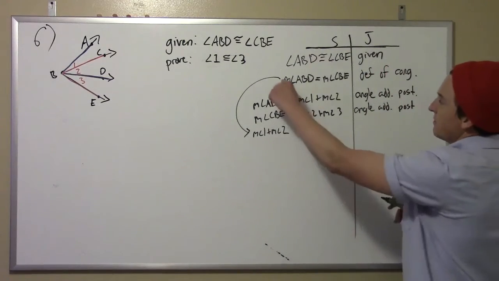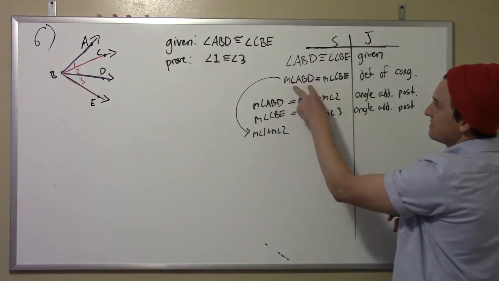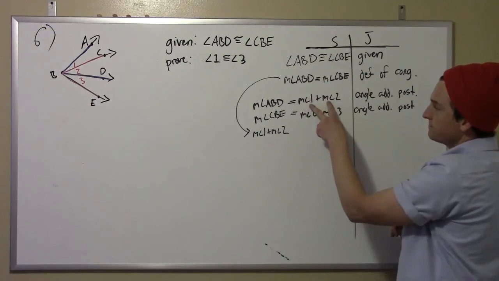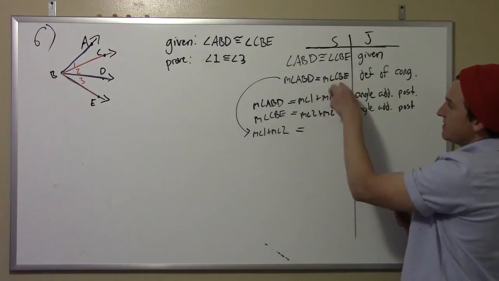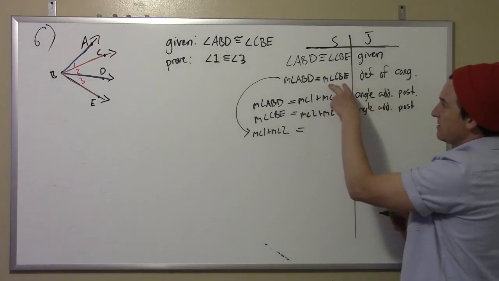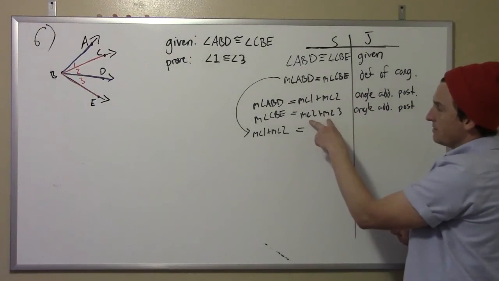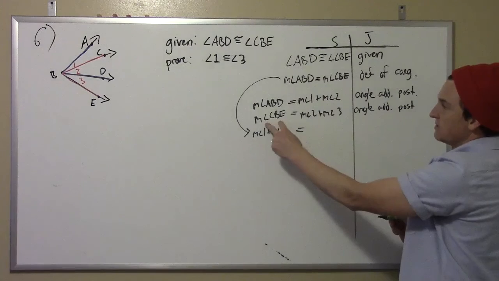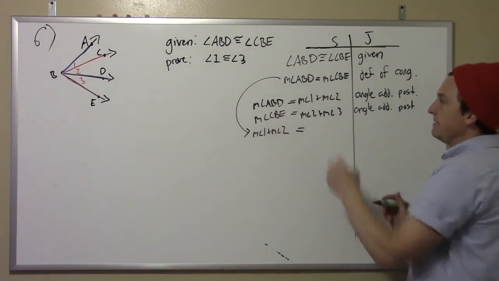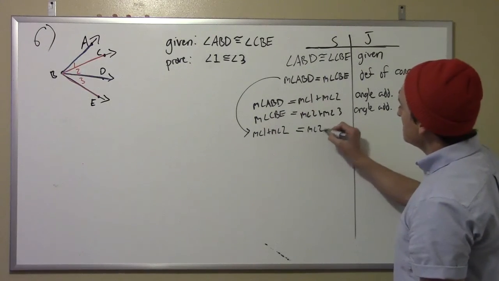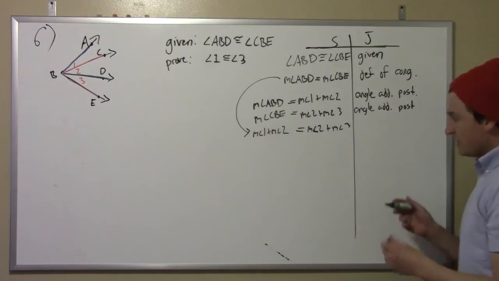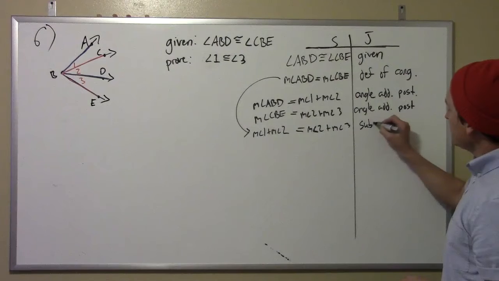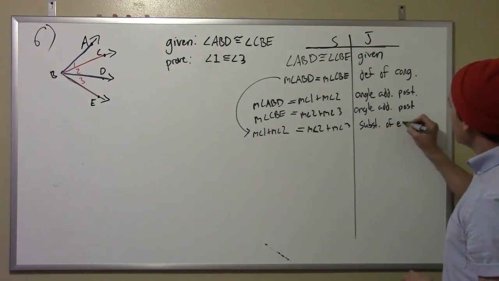All right, so I'm taking this statement, but instead of writing this, I'm writing this. Okay, equals. So on the right side of the equal sign, I would have this, but instead of writing that, I'm going to write these 2 angles, because that's what's equal to measure of angle CBE. So I have measure of angle 2 plus the measure of angle 3. Okay, and that's the substitution property of equality.